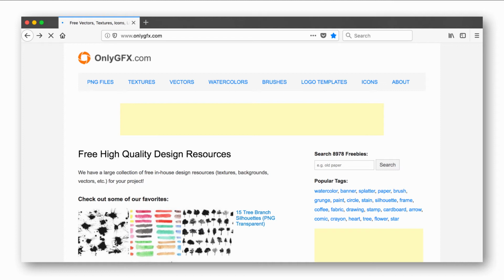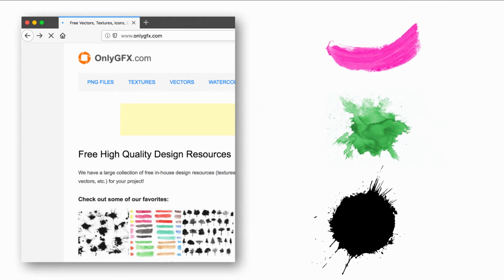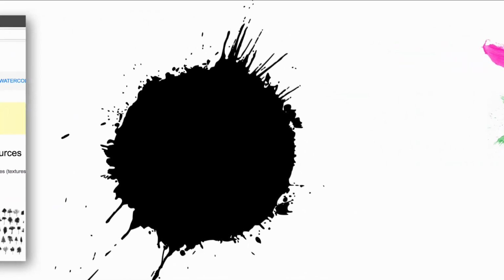That's a website where you can find a lot of shapes. And shapes can range from brushes, splashes, in color, in black, and so on. And why is it so interesting to use shapes that are put on this website? You can work with them.